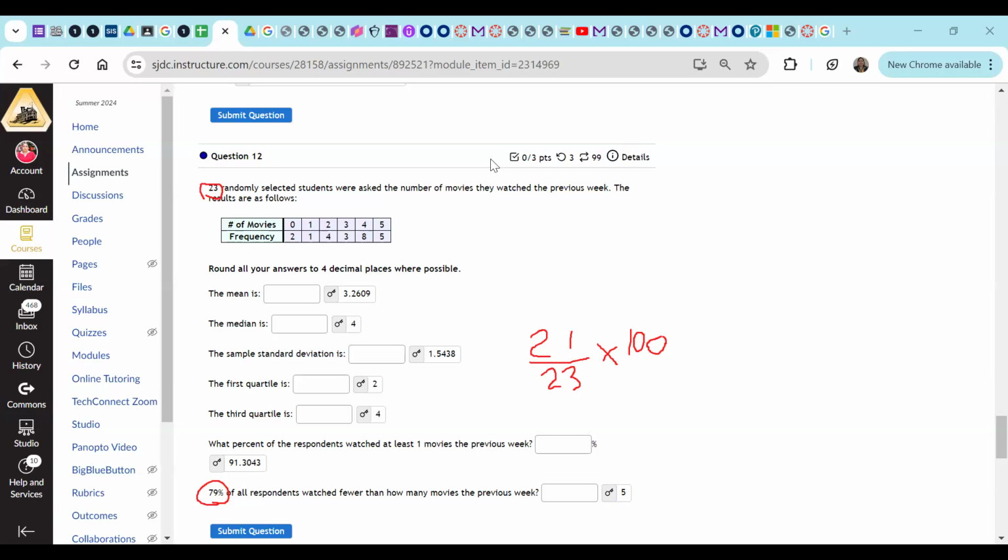Fewer than 5 is the correct answer. Yep, 18 out of the 23. So these 18 out of a total of 23. That is the correct answer. Any wonder or thought before we move on?